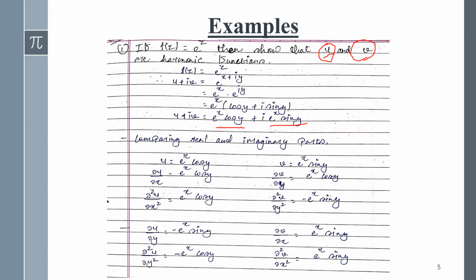Now so far u has only been differentiated with respect to x; u with respect to y is still remaining, right? So u with respect to y and again one more derivative with respect to y, as well as for the v.